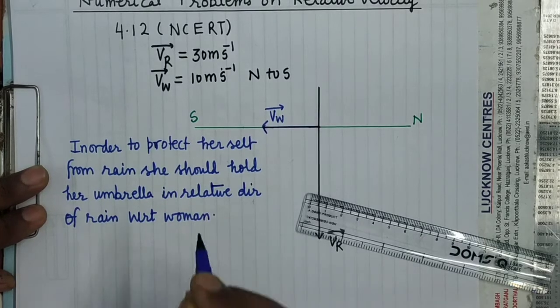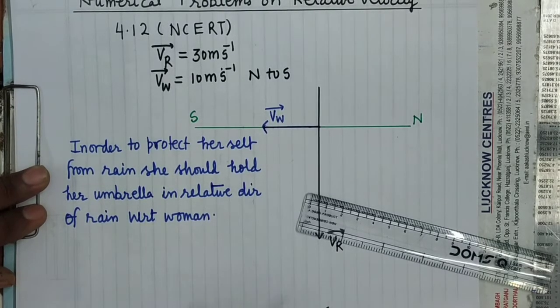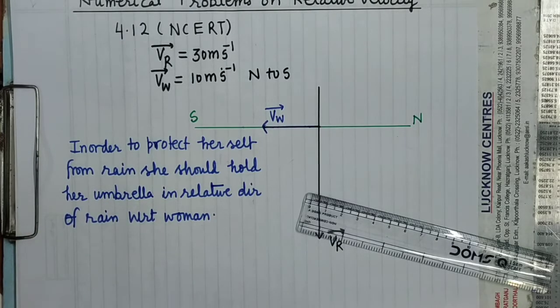So as you have studied in the relative velocity, in order to find the relative velocity of A with respect to B, what is the rule? You will add negative velocity vector of B, with respect to whom we are finding. The negative velocity vector of that will be added whose relative velocity is to be found.